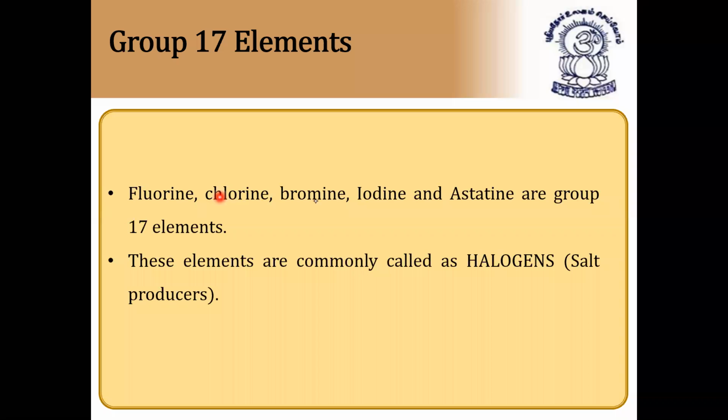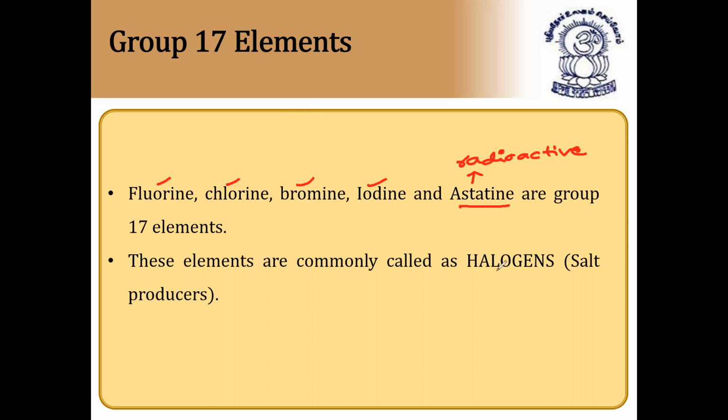Fluorine, chlorine, bromine, iodine and astatine are 17th group elements. Out of these, astatine is radioactive, so we will not study its compounds. A radioactive element undergoes alpha, beta and gamma radiations, so that's why this element will not be studied. We will only study fluorine, chlorine, bromine and iodine.